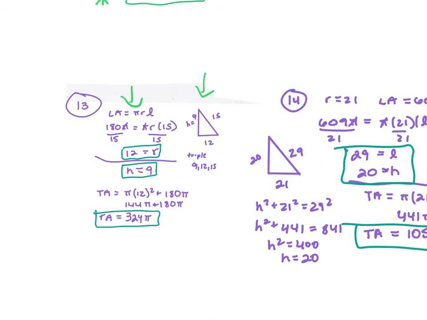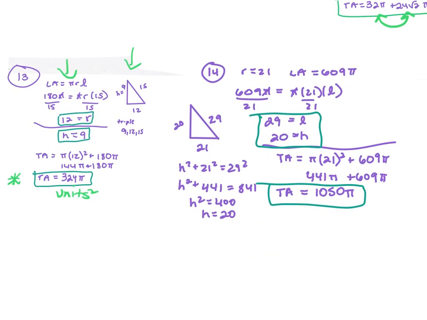Again, if you didn't realize it, you would do Pythagorean theorem. And again, here's total area or surface area. Again, units squared. And then the last one, again, same thing, plug it into that lateral formula, which equals pi RL, solve for the slant height, and again, plug it in to Pythagorean theorem to get the height. And then from there, find the total area.